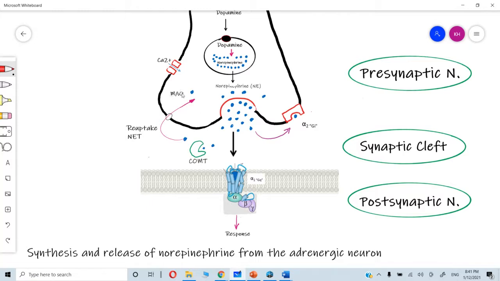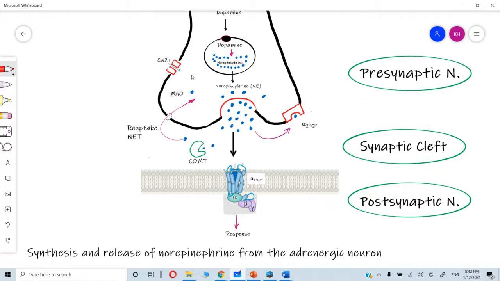These two enzymes are responsible for the metabolism of norepinephrine. If a substance blocks the COMT or MAO enzyme, the result will be increased activity of norepinephrine. We are going to speak about agents or drugs that block these enzymes a few minutes later.